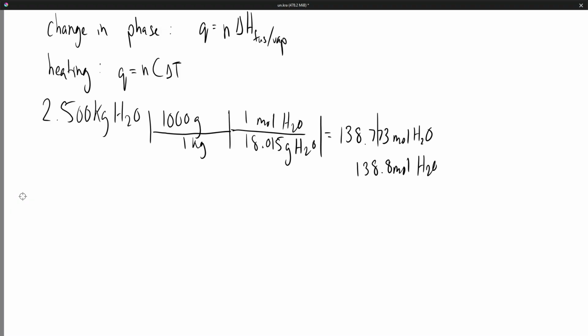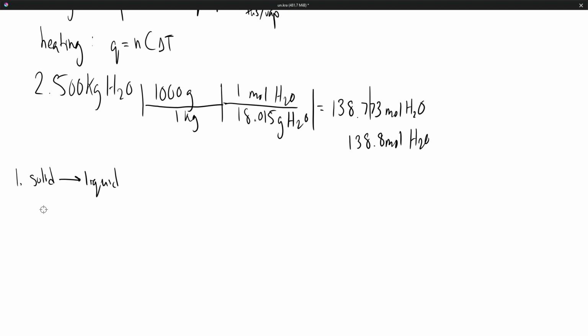So I'll do this in steps. First step is going from solid to a liquid. It's a phase change, so use Q equals n times the heat of fusion.